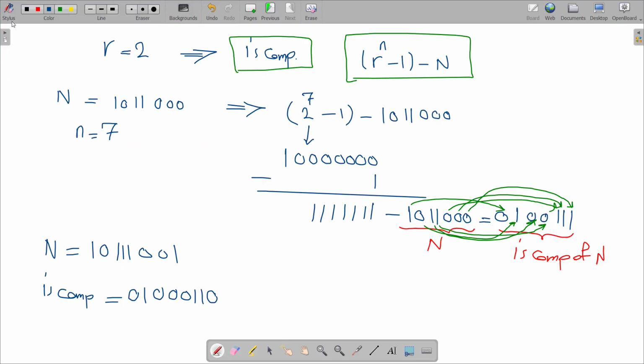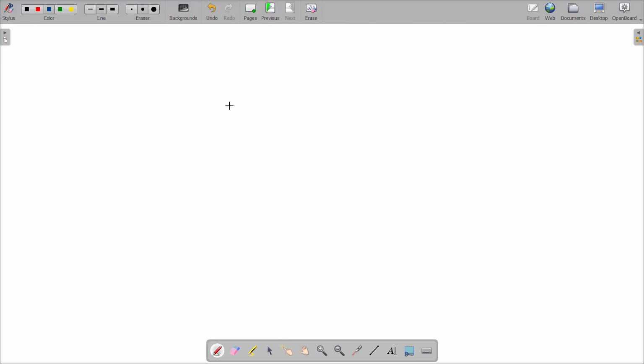So if I write this formula in this form, the r's complement is equal to r to the power of n minus n. I can rewrite this formula in this form: r to the power of n minus 1 minus n, plus 1. This one is removed by this one, and at the end I will have this one.